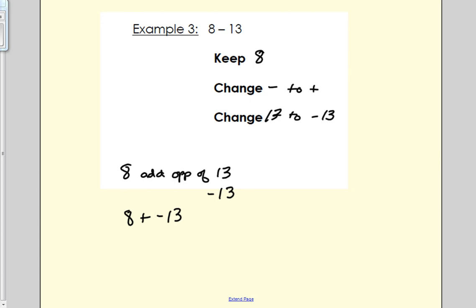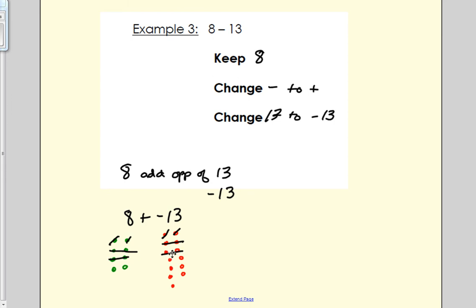When I draw this out, I'm going to have 8 positives and 13 negatives. And then I'm going to cancel my 0 pairs, so this one and this one cancel, this one and this one cancel. I can actually do 2 at a time here. So these 2 and these 2, these 2 and these 2.